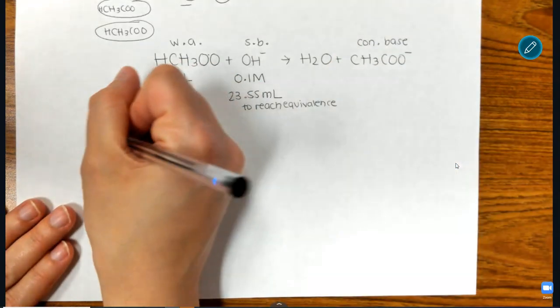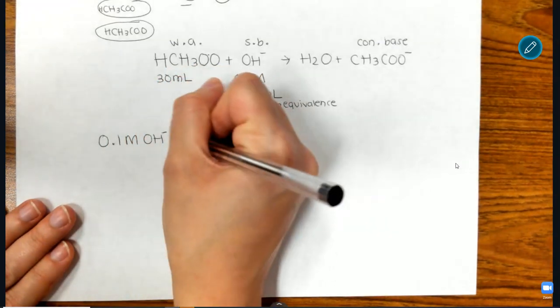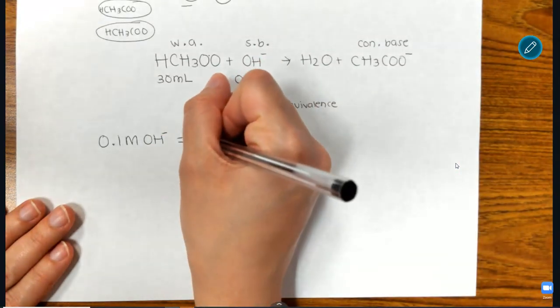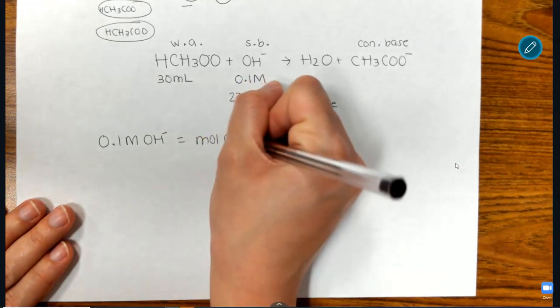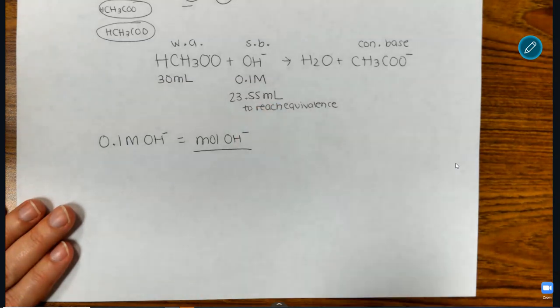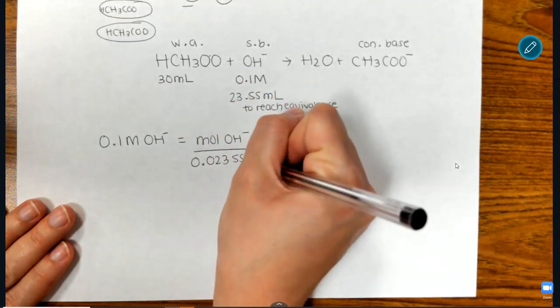Our sodium hydroxide we knew was 0.1 M. And I'm calling it just OH because the sodium, as we said in the last video, is a spectator ion. You don't need to write sodium. It doesn't do anything. That will equal moles of OH over the volume of the base it took to get to equivalence, so 0.02355 liters.